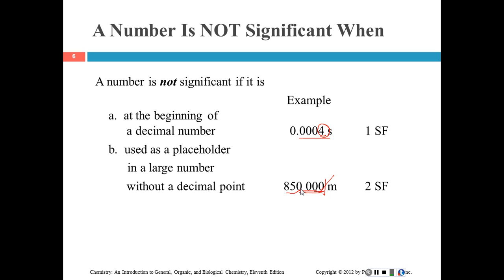And so in this case, only these two numbers would be significant. So that decimal place, it's very important. If there was a decimal place there, all of those would be significant. But since there's not one, then there's not. Okay, I hope that makes sense.